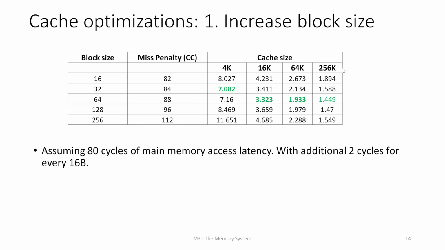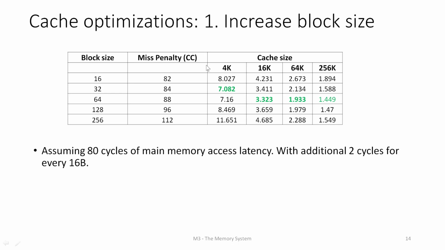For different cache sizes, if we observe, as the block size increases, the AMAT was reducing till some point, which is marked as green here, and beyond that point the AMAT started increasing because the miss penalty and the overall number of misses started increasing.